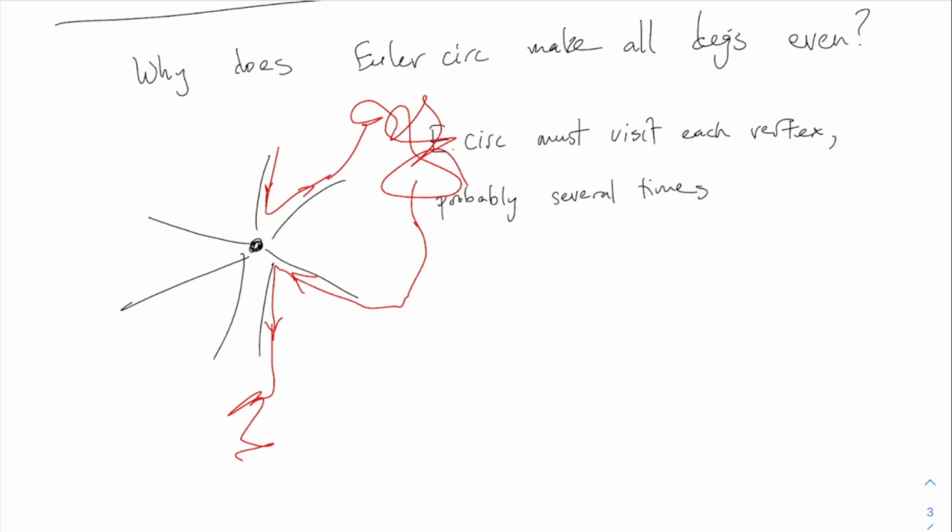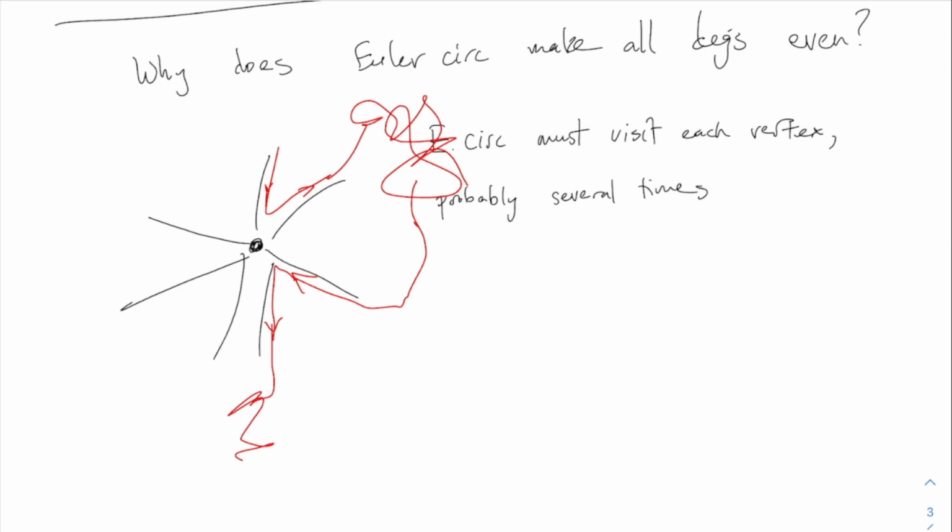If it's an even number, it means it can be divided up into groups. So they can pass over the vertices as many times as they need to, but if it's an even number, that means it can pass over an equal amount of times. Does that make sense? Yes, these are even, which means this red line can arrive and then leave again, and then arrive and then leave again.